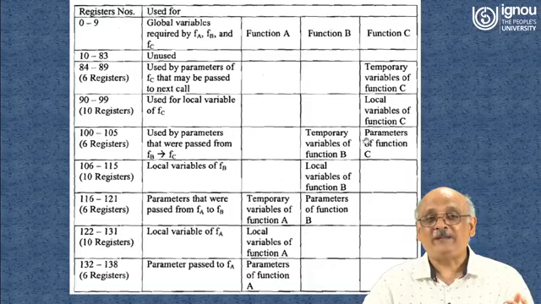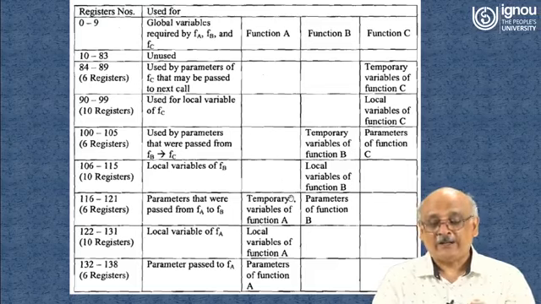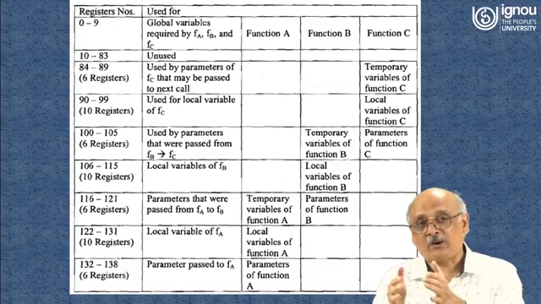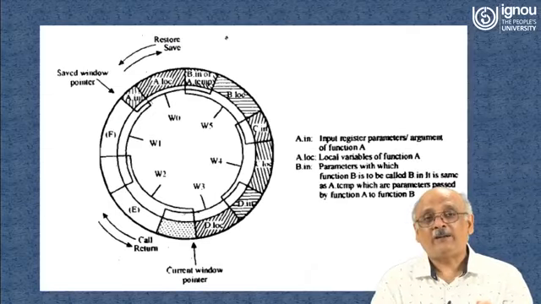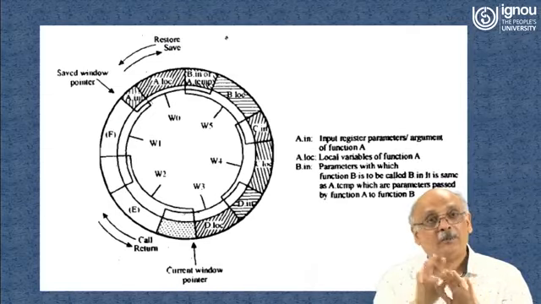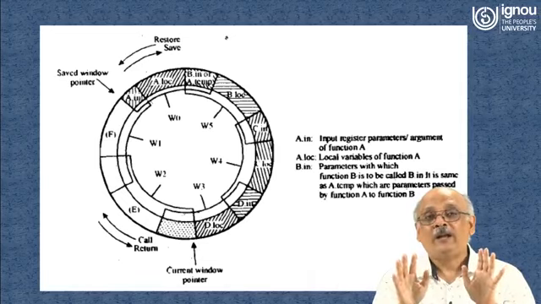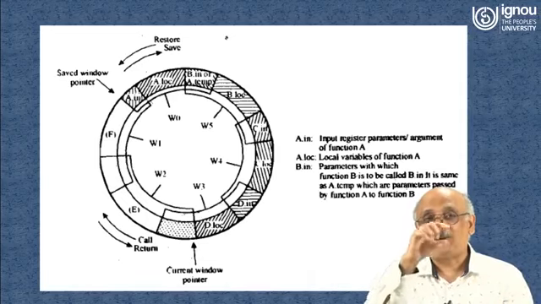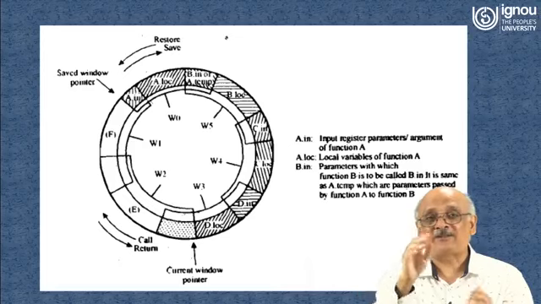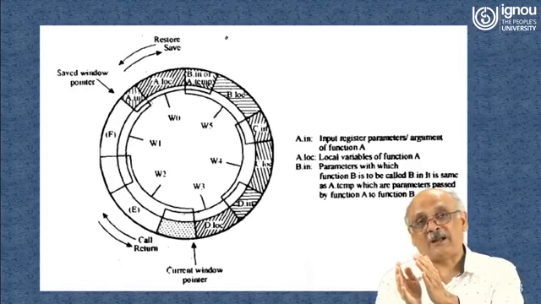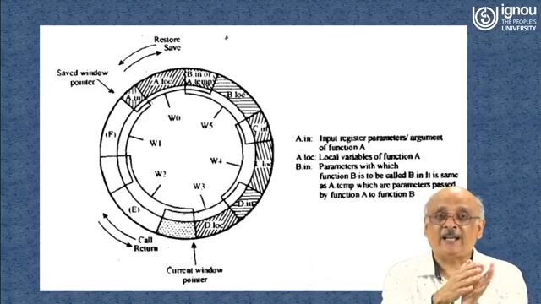Similarly, function B will call function C and they will be sharing like that. So A calls B, B calls C, and so on. The nesting of functions is going on, with one function calling another, but there is no need to store any of the values except for the overlapping of registers. The overlap registers are basically sending the parameters, and in the return cycle the return values will be stored.